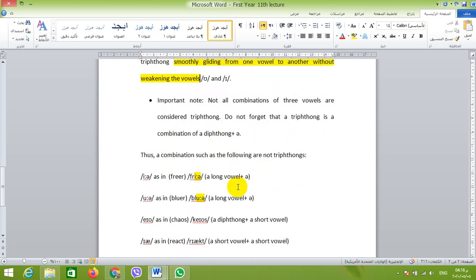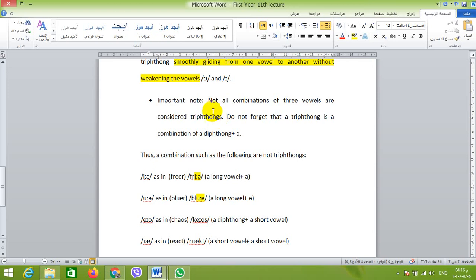Now we have an important note. Not all combinations of 3 vowels are considered triphthongs, and not each and every combination of 2 vowels are considered diphthongs, by the way. Both notes are important.